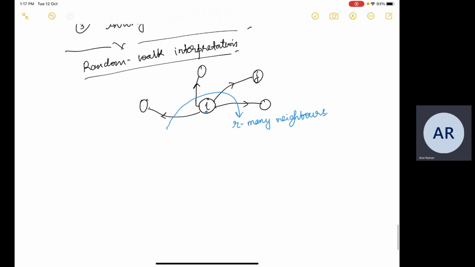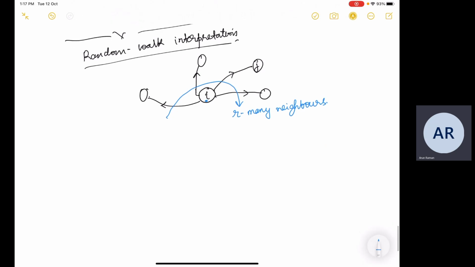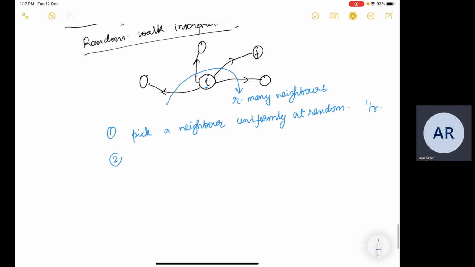If we have to simulate using the Metropolis Hastings algorithm, then in the first step we pick a neighbor uniformly at random. Because there are R neighbors, this is where we get the term 1 by R.